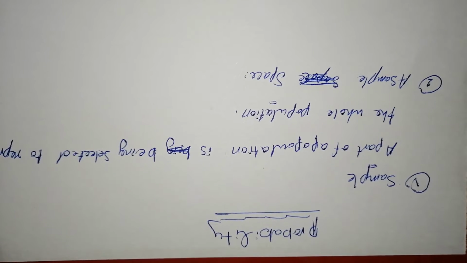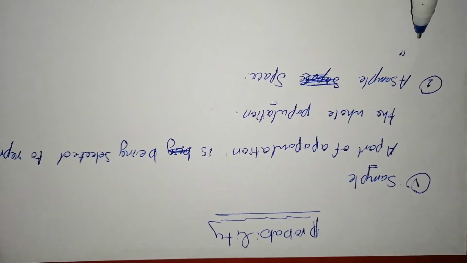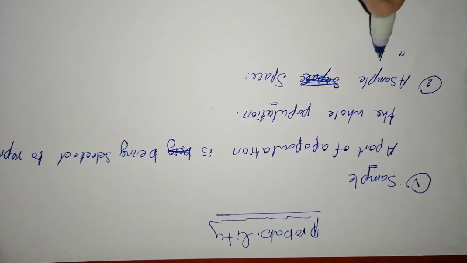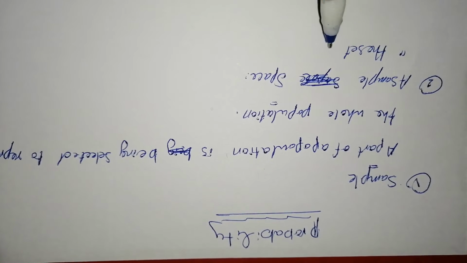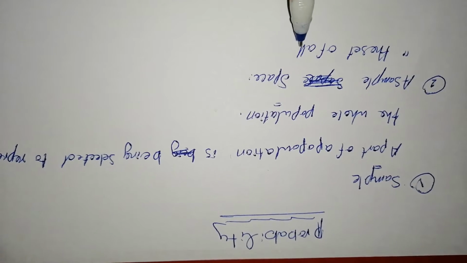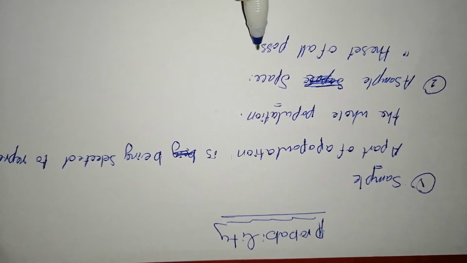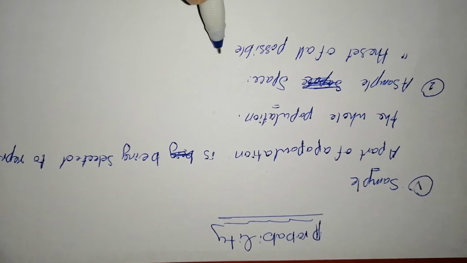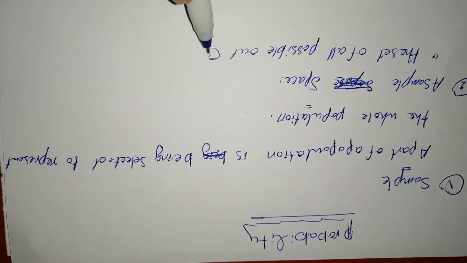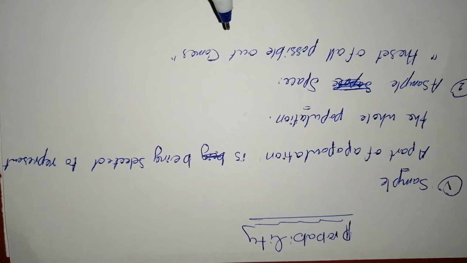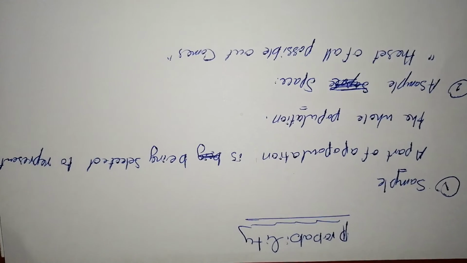So the sample space has two elements, maybe heads or maybe tails. That's right. So in other words, it's the set of all possible outcomes. So we can say that a sample space is a set of all possible outcomes.